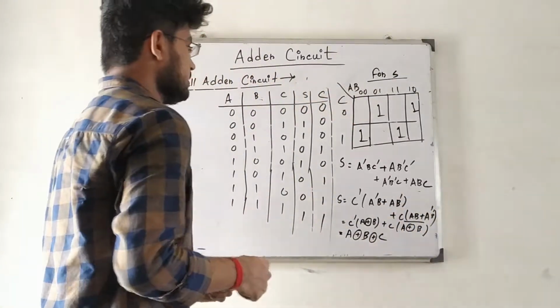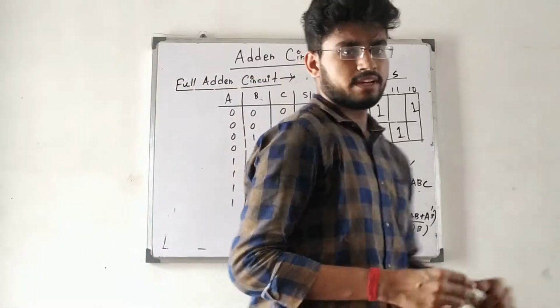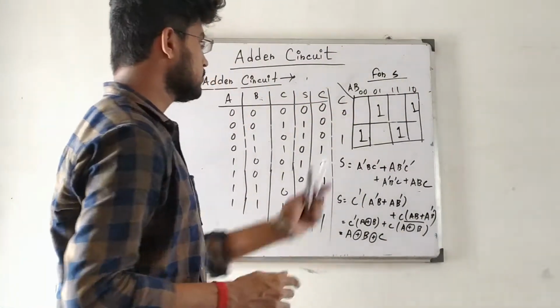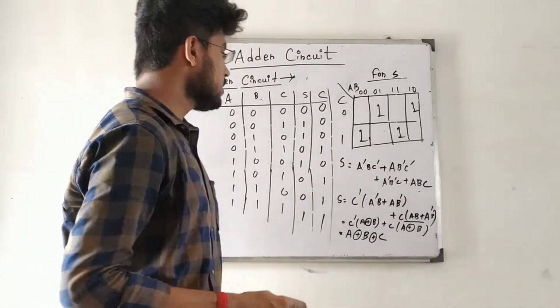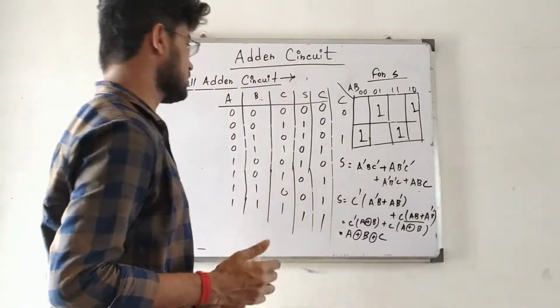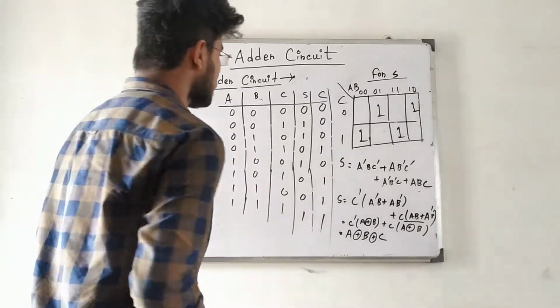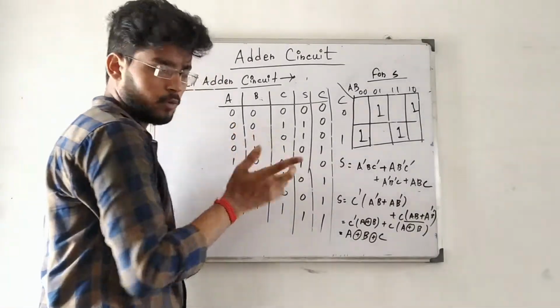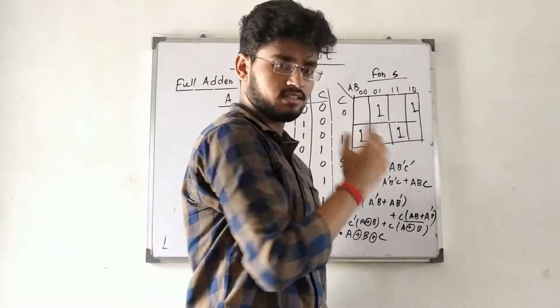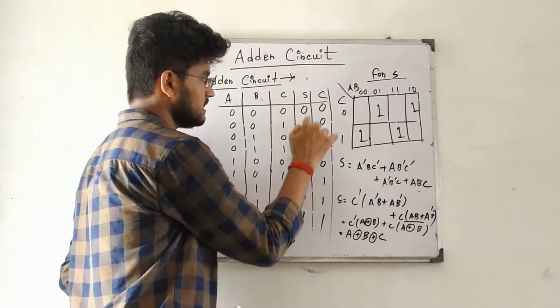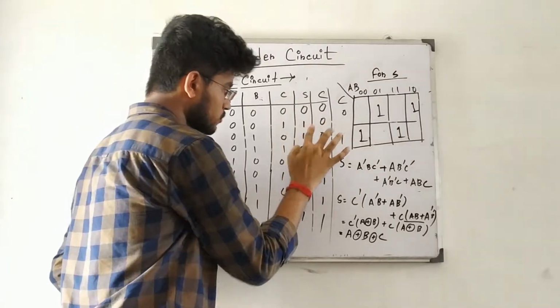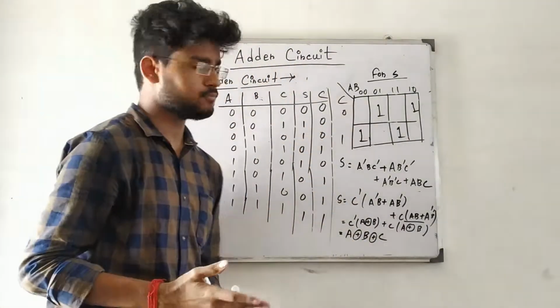If we don't have much time to build the K-map, we can write the expressions directly from the truth table. If we consider 0 as the complement and 1 as the true value of the variable, then you can see in which cases S is equal to 1, producing a high output.